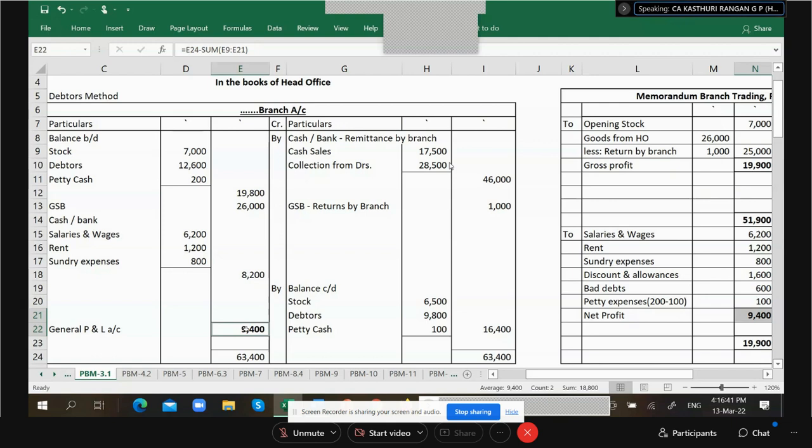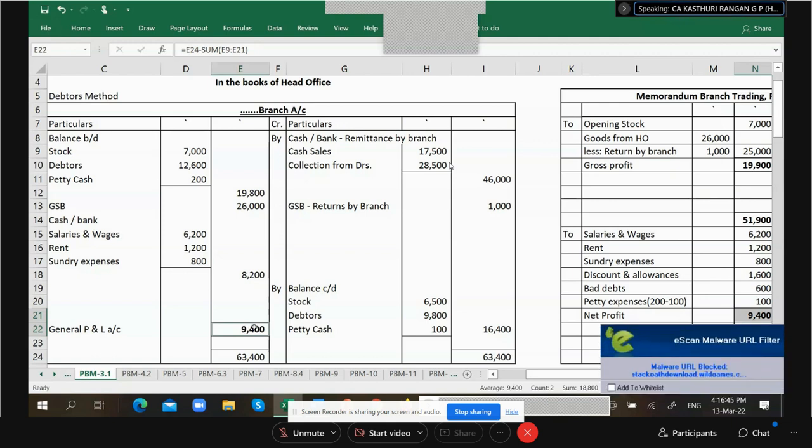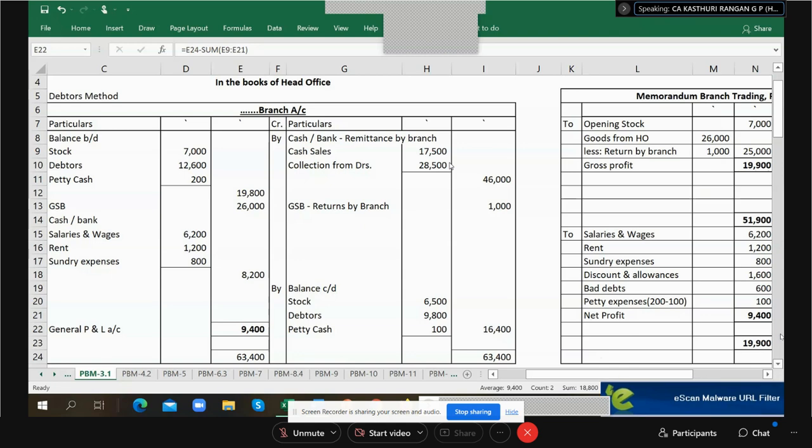Now we are asked to do the same problem under stock and debtors method. Under stock and debtors method, we are supposed to prepare a minimum of 4 accounts. What are they? Branch stock account, where you will record only the movement of goods.